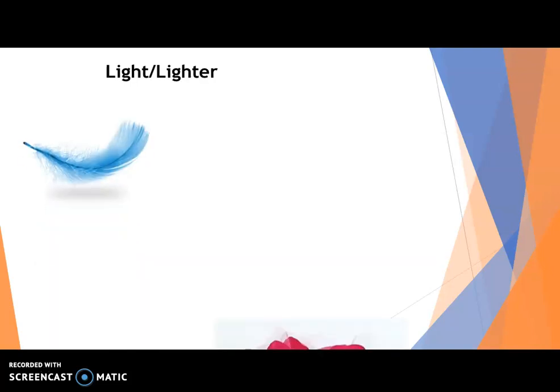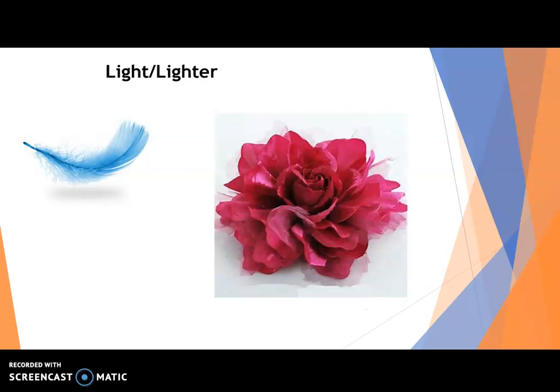Let's have another example for light and lighter. What do we have? Yes, it's a feather. And it's a flower. Let's compare or differentiate the two pictures, feather and flower.